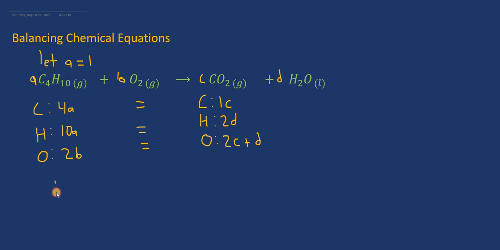So if we start with the carbon and we say 4A, and we substitute 1 for A, equals 1C. Well, 4 times 1 is 4, divided by 1 is just 4. So this means that C must equal 4. And I'm going to keep a running tally of all of my variables up here. So we know A equals 1, and now we've solved for C, and that equals 4.